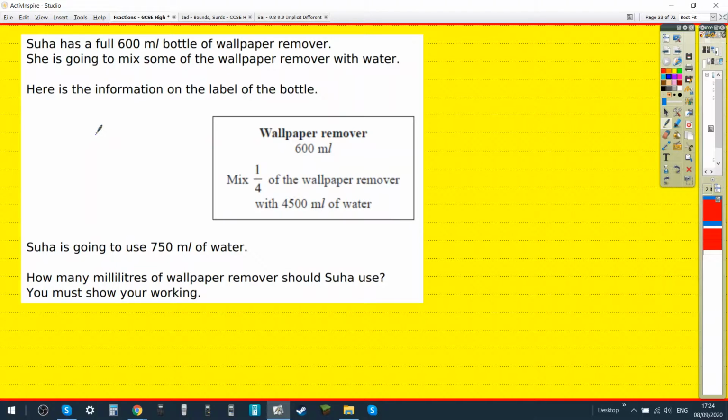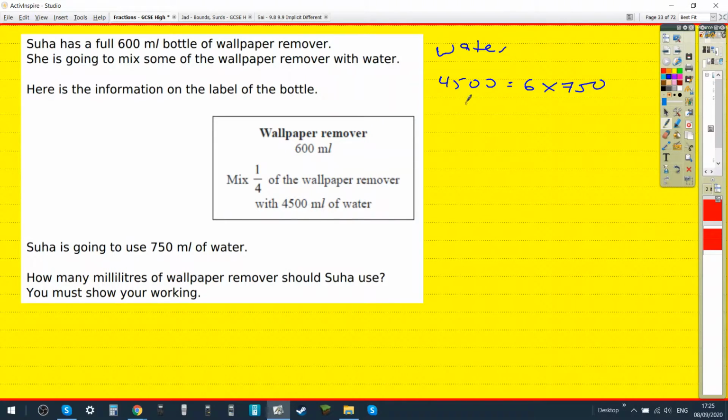So any idea how you go about this one? So 4,500 milliliters of water is 6 times 750. Okay. So does that mean you need to divide a quarter of the wallpaper remover by 6 as well?